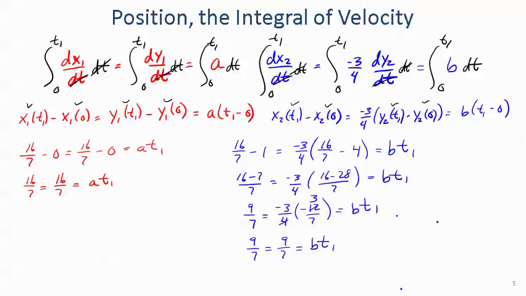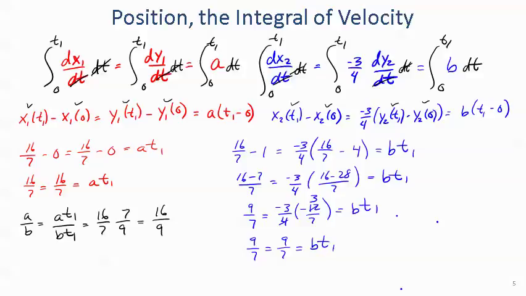So now, if we want to find the relationship between these two speeds, we can look at a over b is equal to a times t1 over b times t1, which is going to give you 16/7 times 7/9, which is going to equal 16/9.